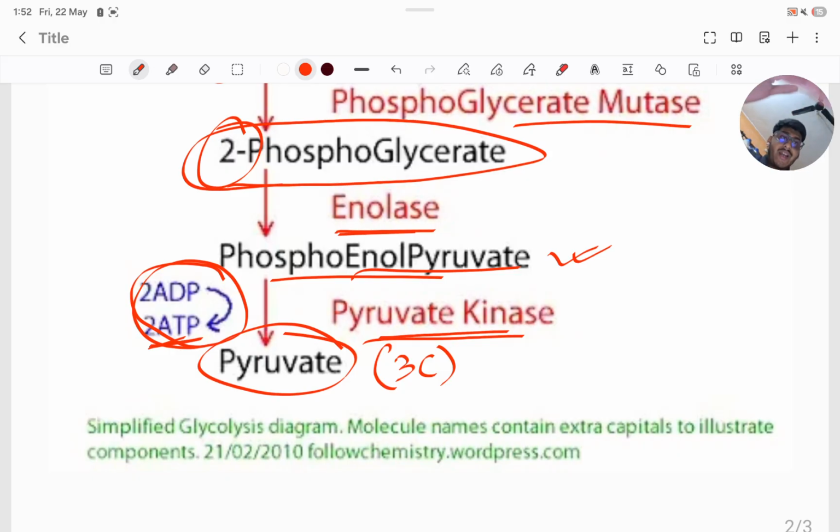After running the glycolysis, we are getting 2 ATP and 2 NADH. That is the net gain after doing the process.